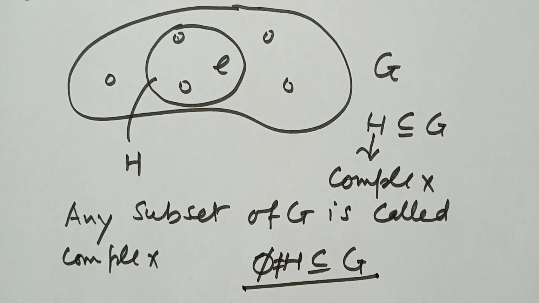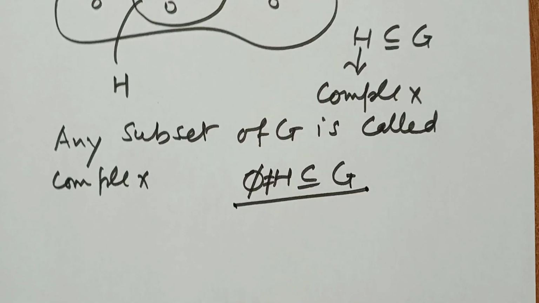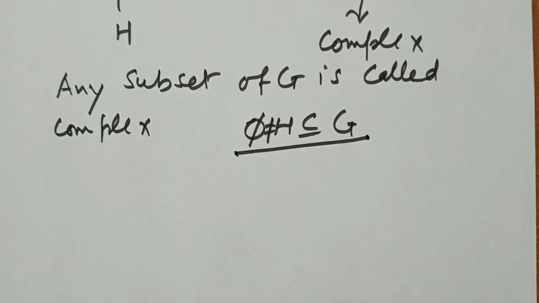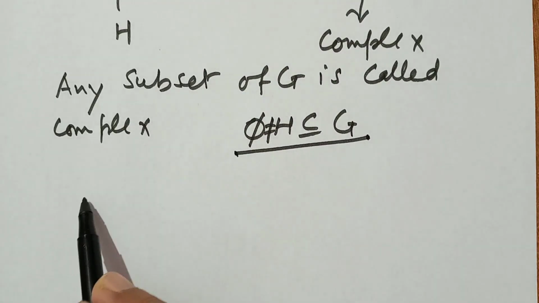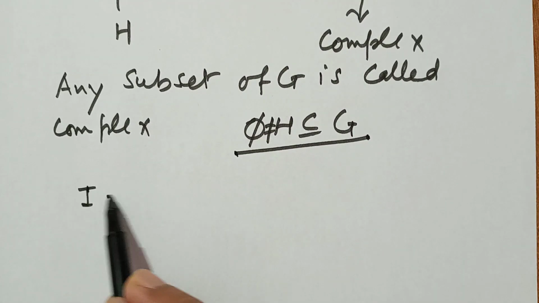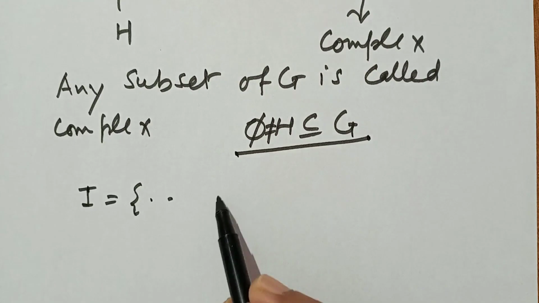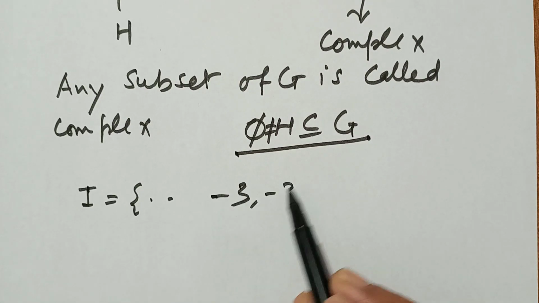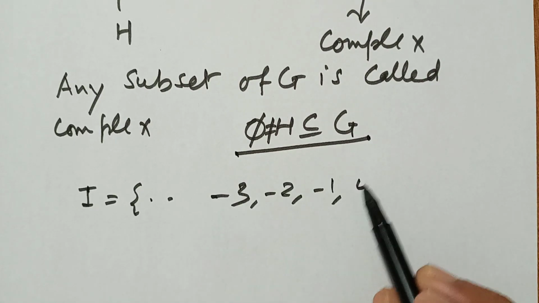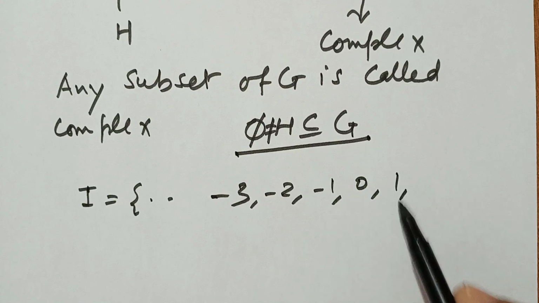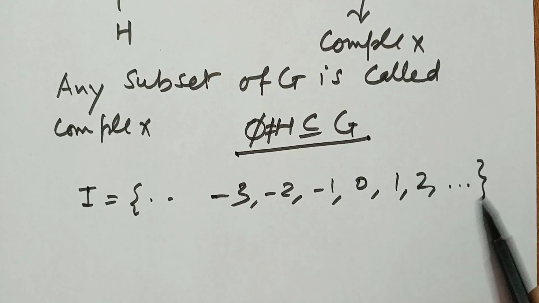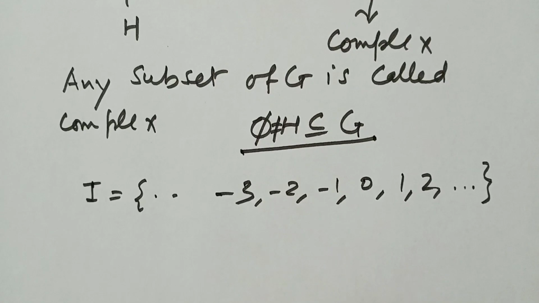Now I am going to give some examples of subgroup. Let us suppose the set of integers, meaning -3, -2, -1, 0, 1, 2 and so on. We have this I with respect to addition satisfying four properties.